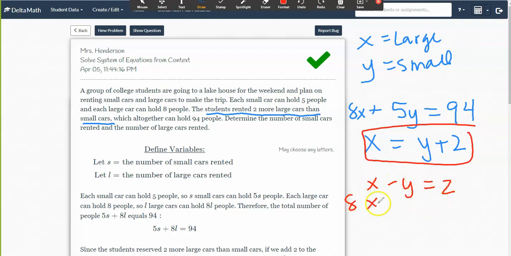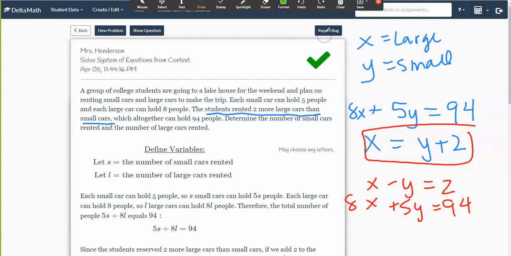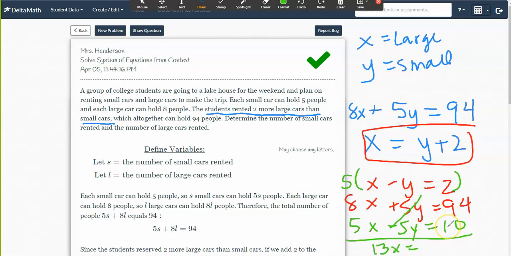And my other sentence, I could have multiplied by 5 up here. And I would have gotten 5x minus 5y equals 10. And then I would have gotten 13x equals 104.